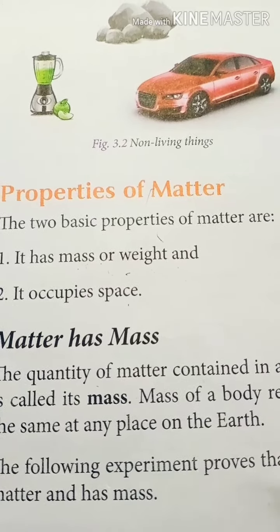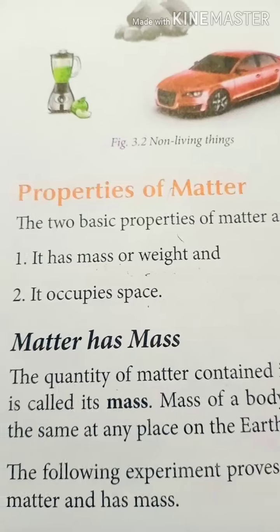If we take out the pulp of the apple, suppose it is one bowl, then that is its mass. The pulp present inside an apple is the amount of substance, the quantity of material present inside it. So that is its mass.